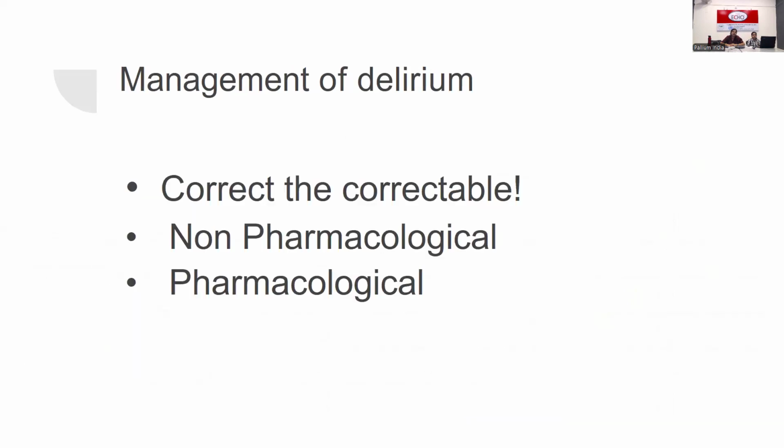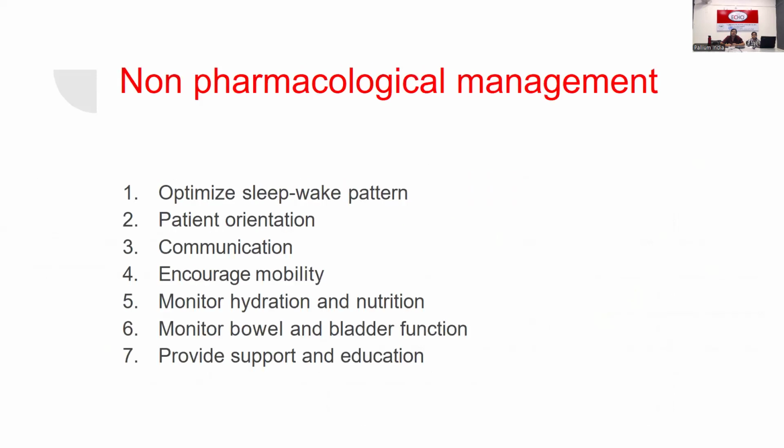So coming to the management: correct the correctable, non-pharmacological and pharmacological methods. Correct the correctable means if you have an anemia, if you find an infection, treat whatever is treatable. Now the non-pharmacological methods. Next slide. This is very important. Now we have understood what delirium is, how to pick it, who is having it, what the cause is and all.